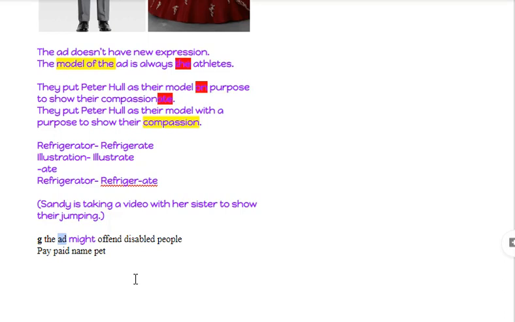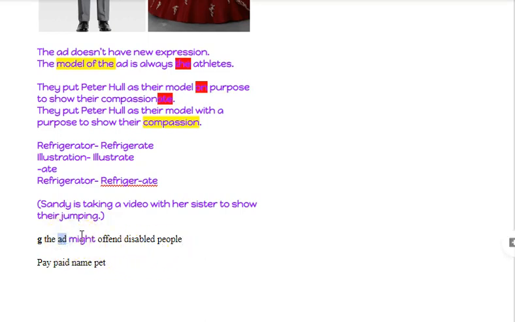So if you try to say, the ad might offend disabled people, and then you try to say, the aid might offend disabled people, try which one will fit the sentence. The ad might offend disabled people.